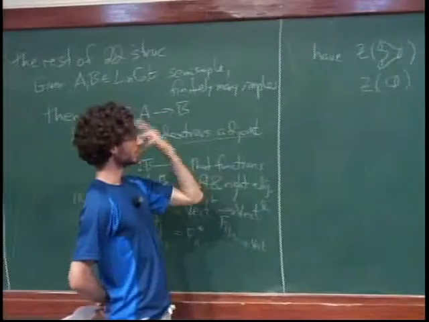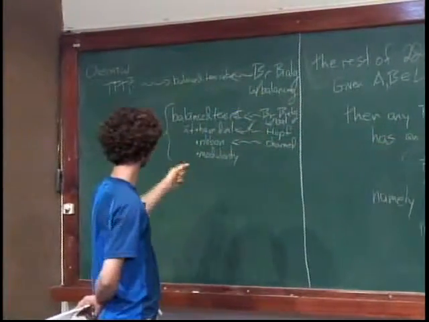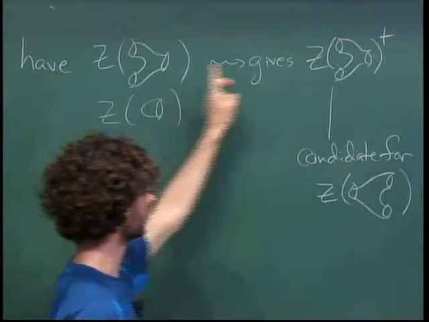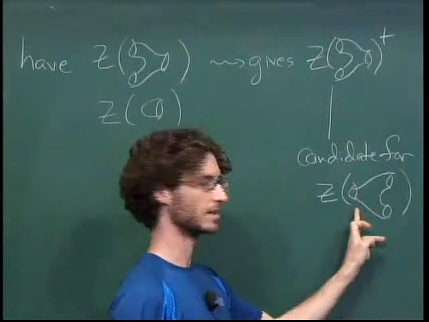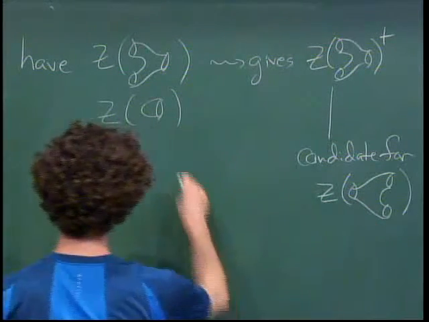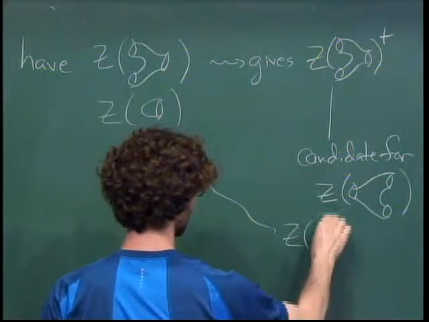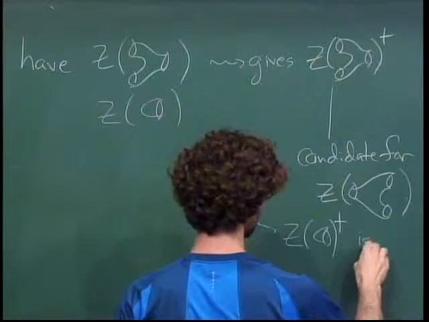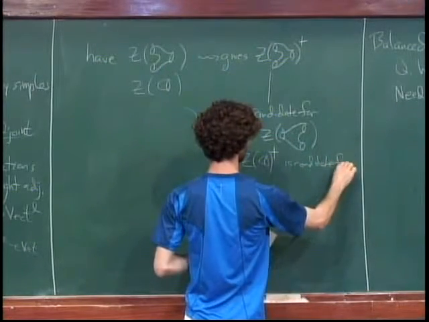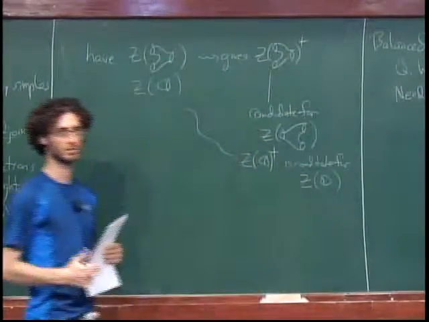But what I mean really is the other way: if I'm starting with a tensor category and I'm trying to build a TFT, then I know what the product is, and I take its adjoint, and I define this to be that adjoint. Similarly, the adjoint of Z of the unit is our candidate for Z of the cap operation.